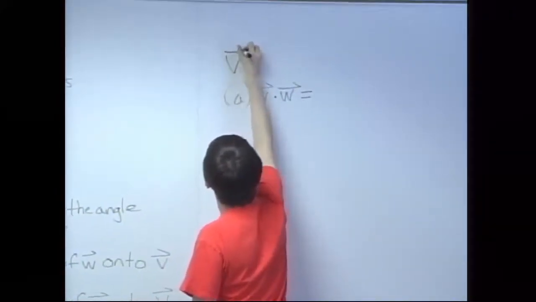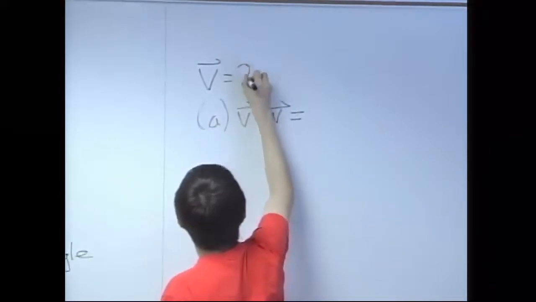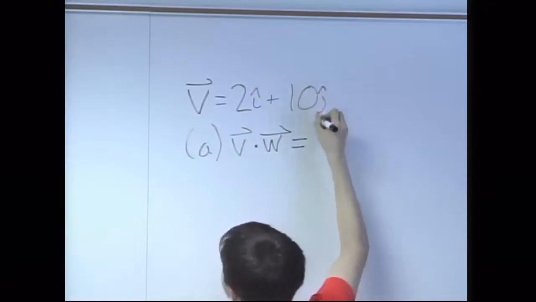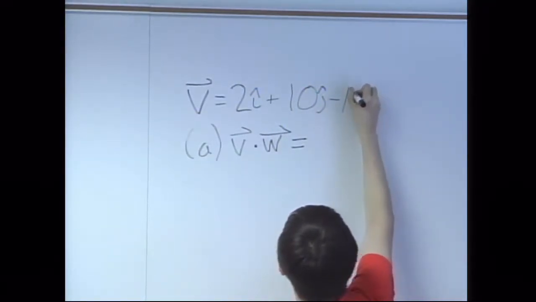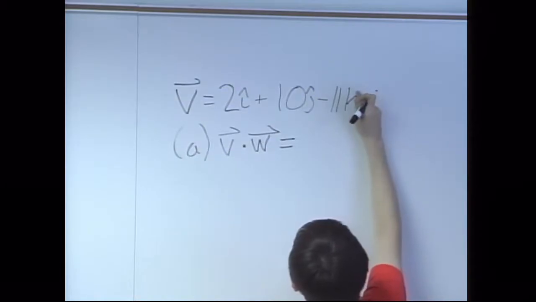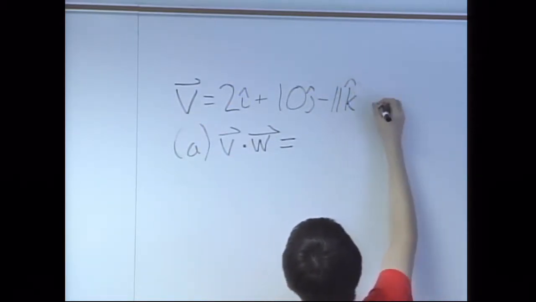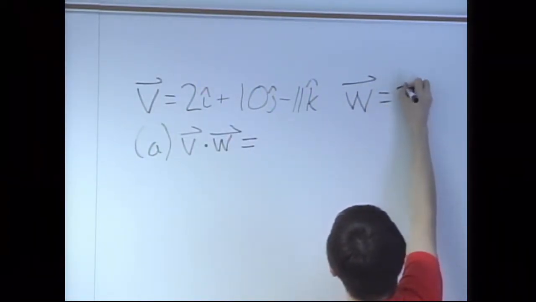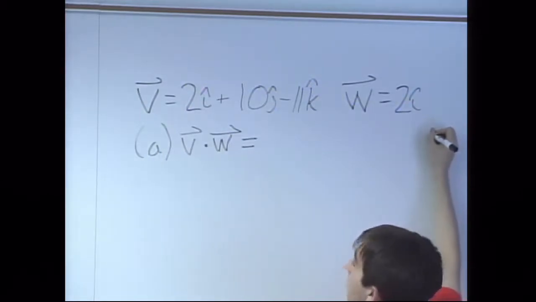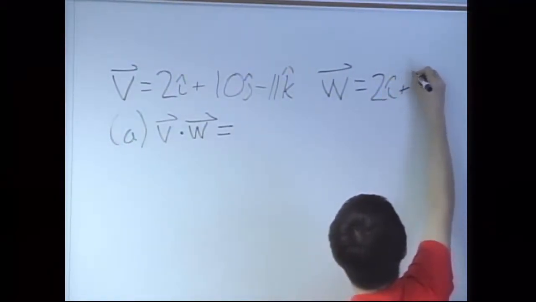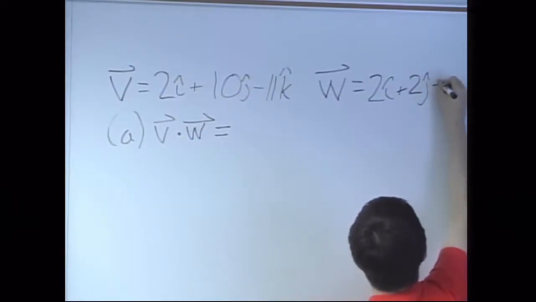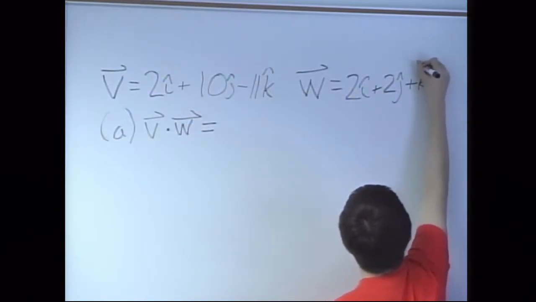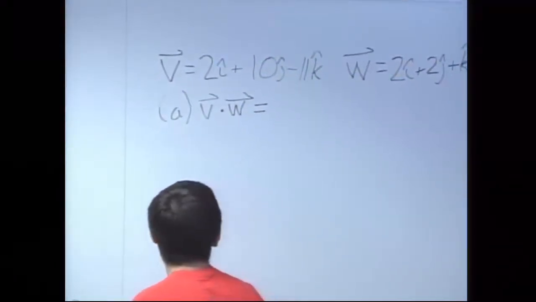Vector v is equal to 2i hat plus 10j hat minus 11k hat, and vector w is equal to 2i hat plus 2j hat plus k hat.